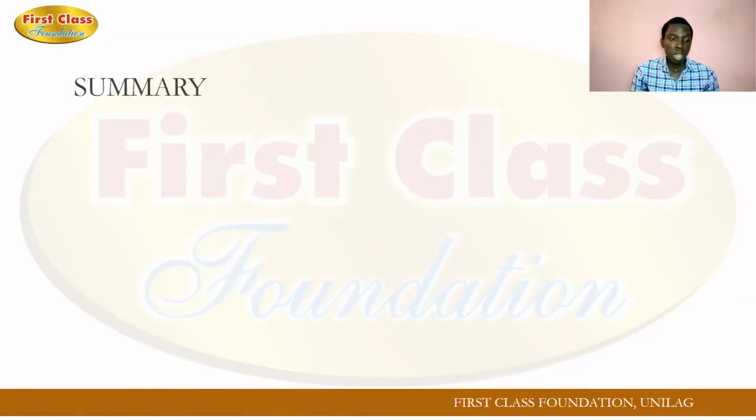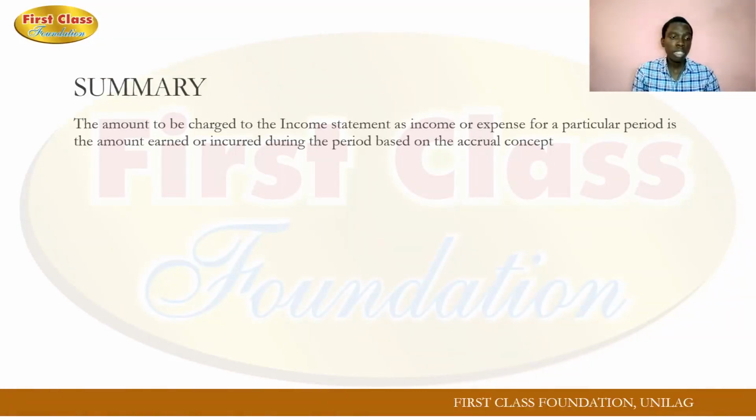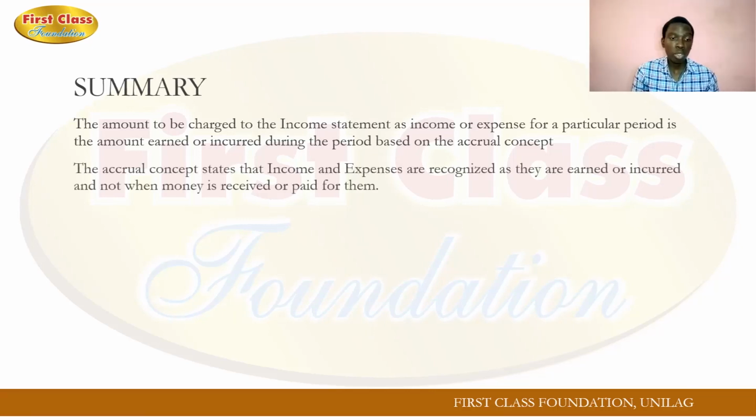So that's all for now. In summary, the amounts to be charged to the income statement as income or expense for a particular period is the amount earned or incurred during the period based on the accrual concept. And the accrual concept states that income and expenses are recognized as they are earned or incurred and not when money is received or paid for them.